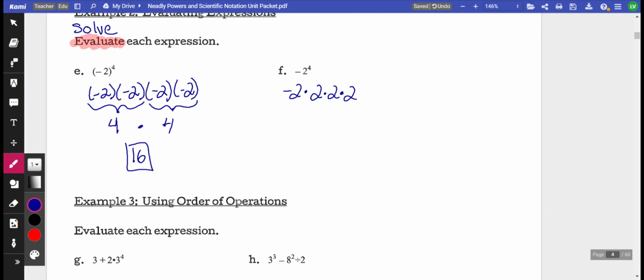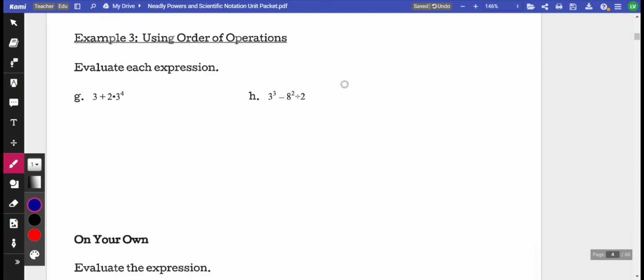For letter F, we only have one negative. So we have -2 times +2, which is a -4. 2 times 2 is 4. -4 times 4 is a -16. So letter E and F are very similar. However, one is positive, one's negative.